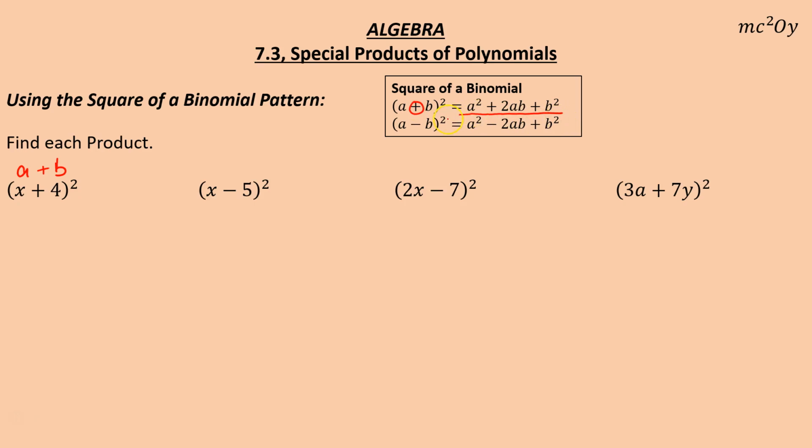So we take whatever's in seat A and square it, so x squared. Whatever's in seat B, we square it to make the end, so that would be my 4 squared. And in the middle, we take a times b and double it. So 4 times x doubled. So we have 2 4x's. Okay, so that's x squared plus 8x plus 16.